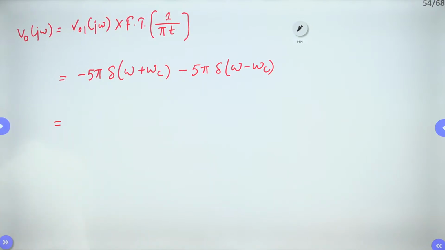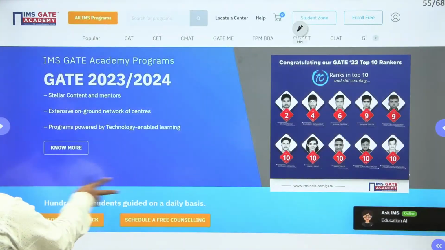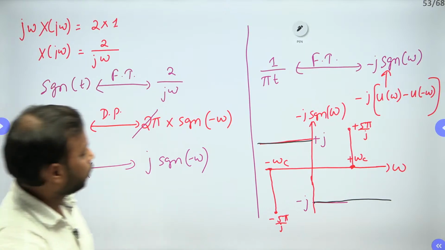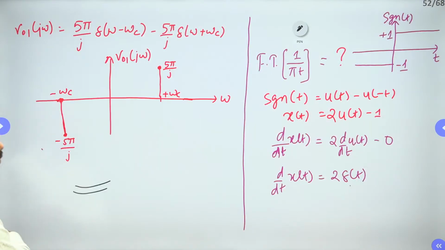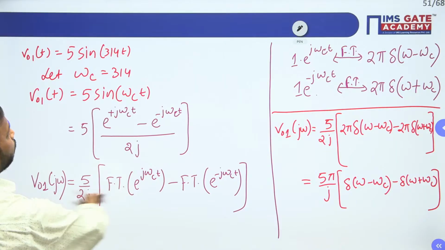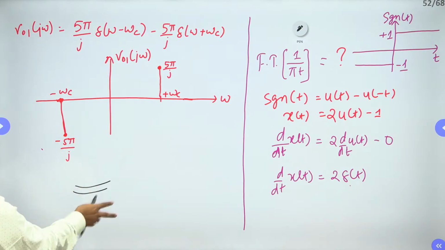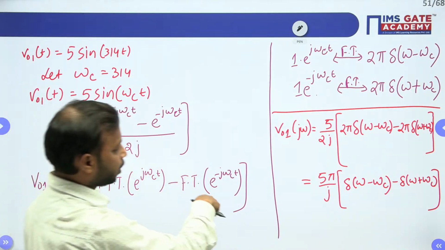Let me have the data first. Okay, so here 5 pi by j, this 2 will be cancelled out.